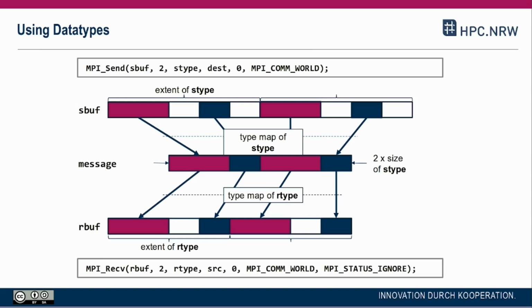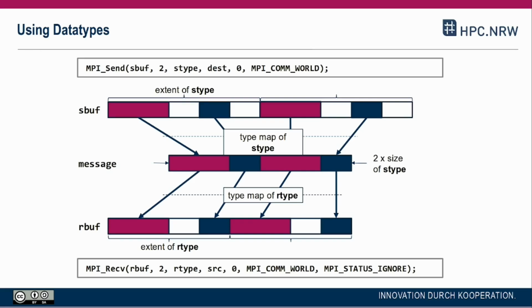Potentially, hardware support will help you in there, or sometimes if you just send a large bit with little gaps in between, it's more efficient to actually transfer the whole thing because you have high bandwidth, and you don't want to chop that into small messages, and then you just transfer the gaps as well.